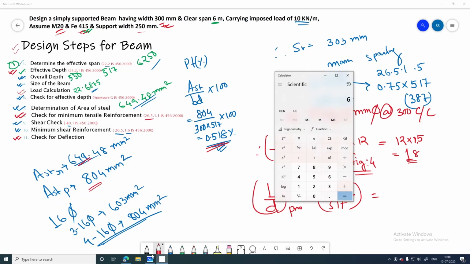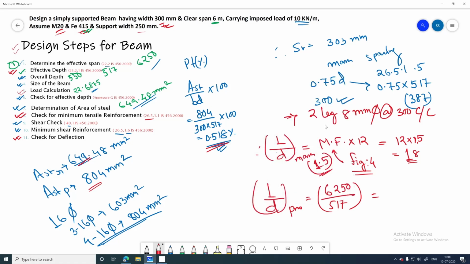So 6250 divided by 517. Yes, you can see this is 12.0889, which is less than this 18, right? So that means our design is successful and it is safe.